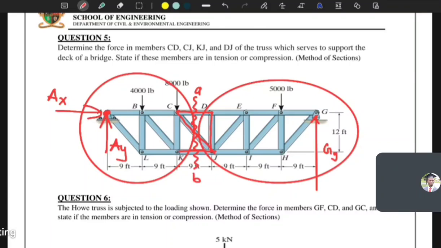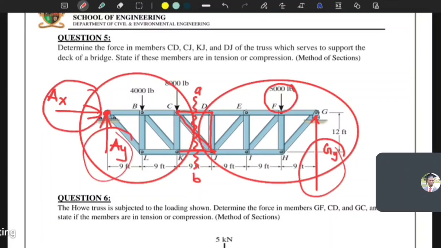In terms of choosing which section to use, it's completely up to you. Either side works here. But I will pick the section to my right for one simple reason. To the right, in terms of forces, I will only have to worry about the 5,000 there and the reaction at G. But if I pick the section to the left, I would have to worry about AX, AY, the force at B, and the force at C. So it looks like I'll have too much to think about if I pick my section to the left.